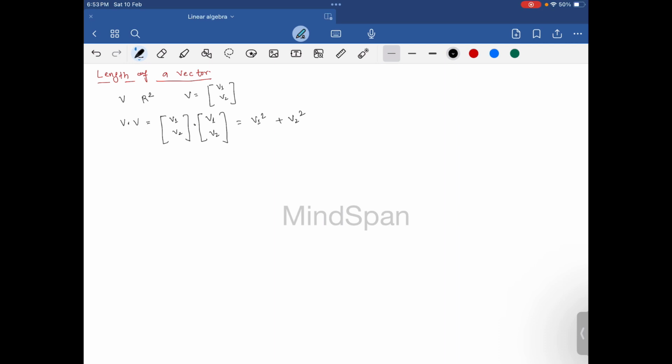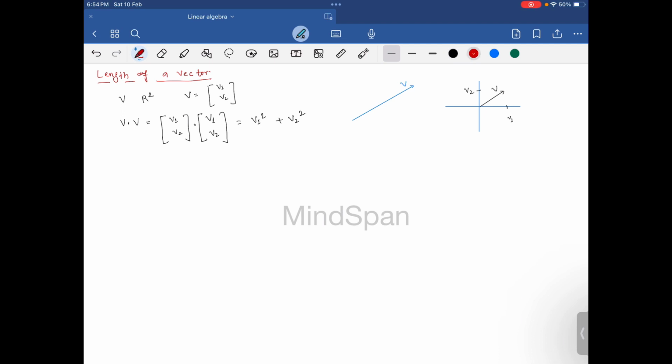Let's think of it like this. Suppose this is two-dimensional space and we have this vector v here, with this component v1 here and this component v2 here.